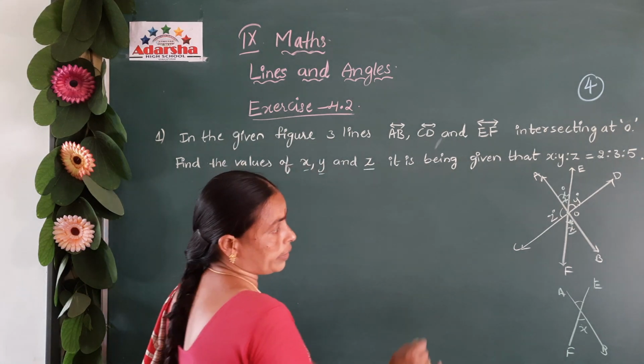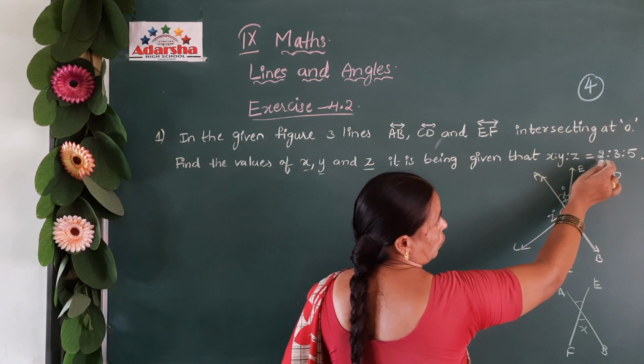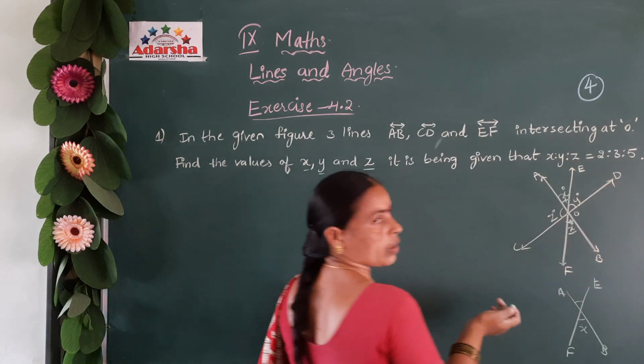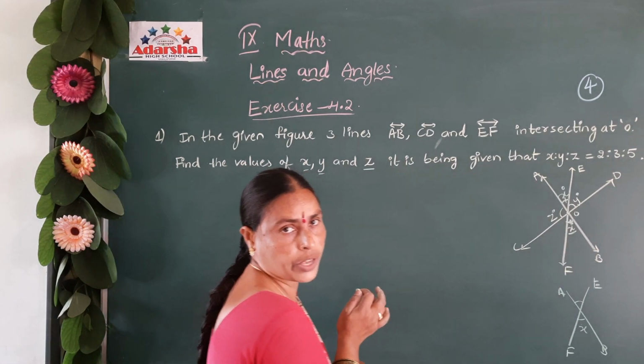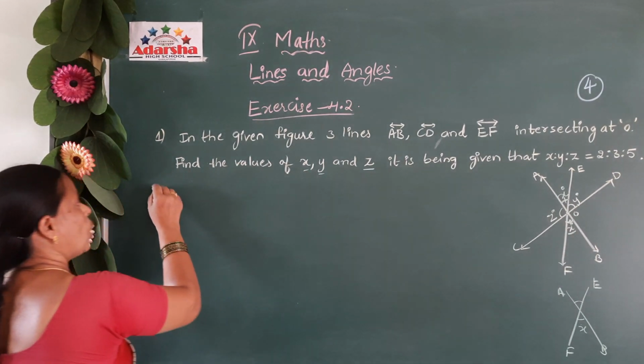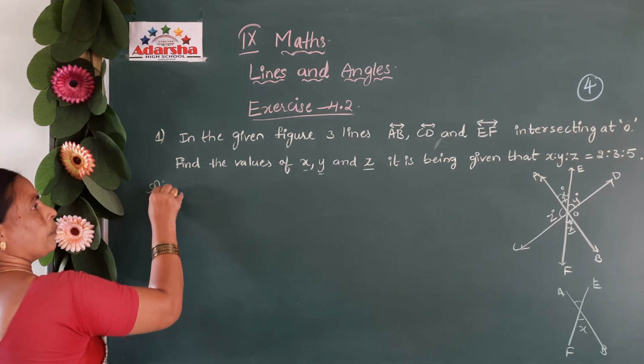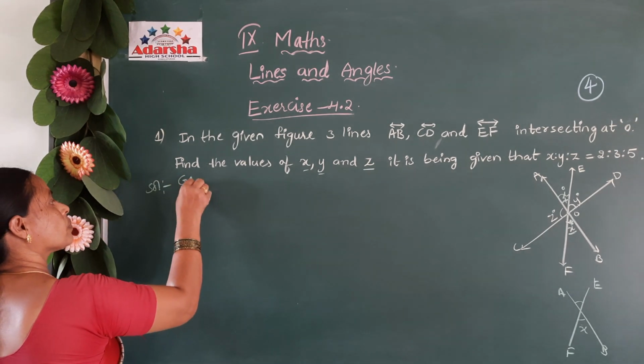Already given x : y : z = 2 : 3 : 5. We have to find the measures of x, y and z. First you have to write what is given. What is the given?